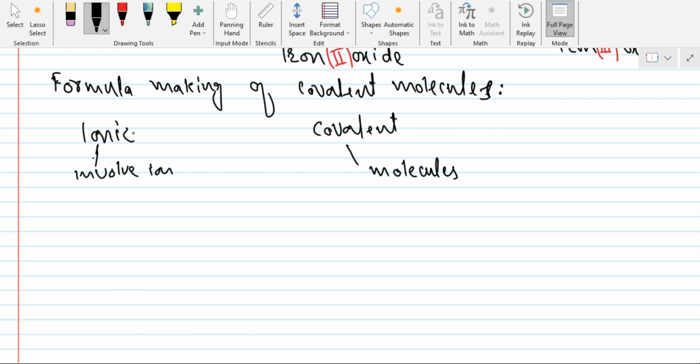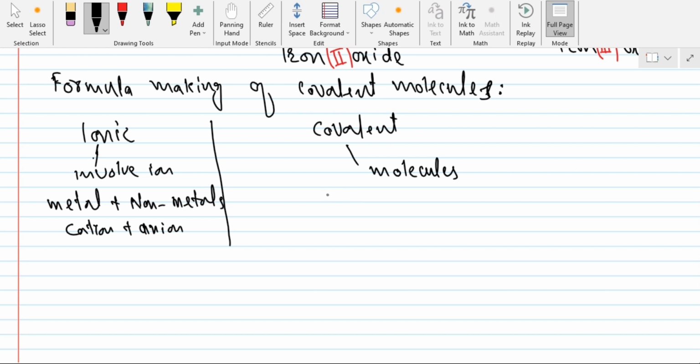Okay, so how do we identify it? If there is a combination of metal and non-metal, remember this is not the definition, or in other words cation and anion, then this goes to the ionic side, and we must follow all those rules which we learned earlier.